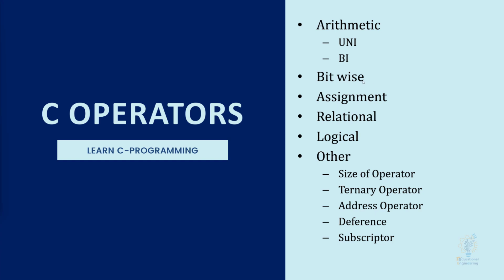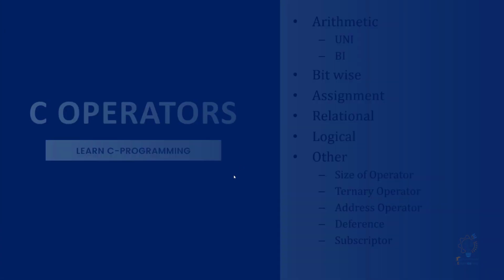There is also the bitwise operators, which are used to play with the bit level. There are assignment operators, relational operators, logical operators, and other operators like the sizeof operator, the ternary operator, the address operator, the dereference operator, and the subscript operator. These are only the names, so let's get started with the arithmetic operators.